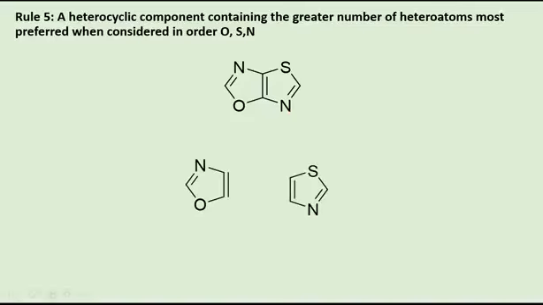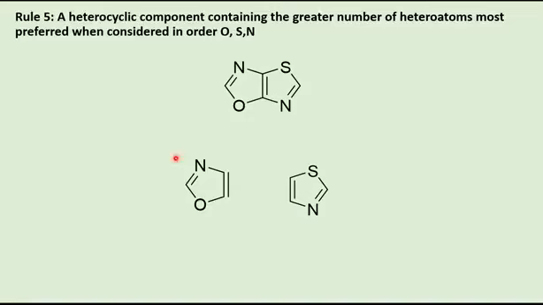If you follow the regular procedure, we split the ring into 2 so that we get an oxazole and a thiazole. According to this rule, which is the major ring and which is the minor ring? Because it is considered in the order of oxygen, when oxygen is there, that should be preferred over sulfur.